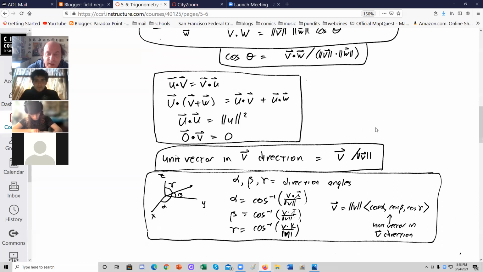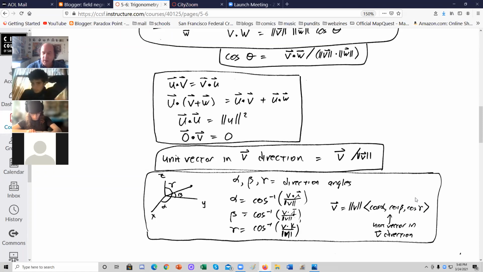Okay. The unit vector in the v direction is v divided by its length. Now, if you draw a vector in 3 space, you'll make an angle alpha with the x-axis, an angle beta with the y-axis, and an angle gamma with the z-axis. And the vector will be its length times cos alpha by cos beta by cos gamma.